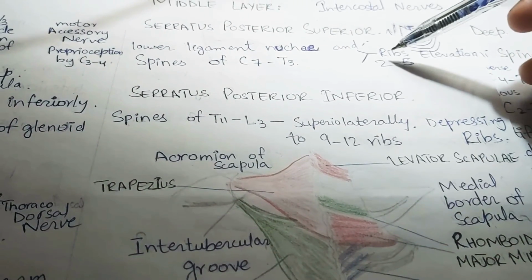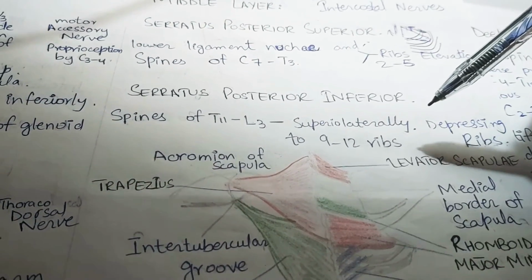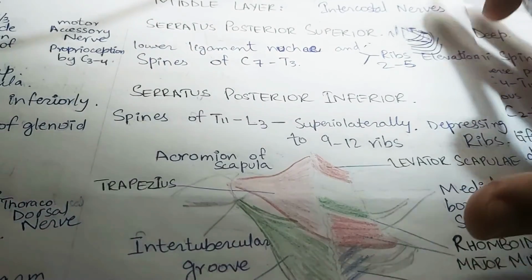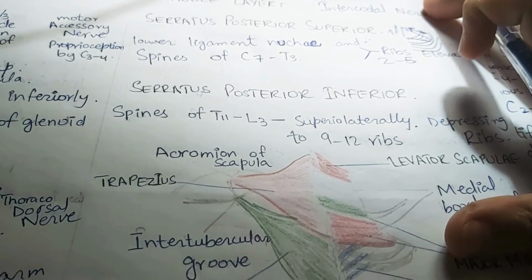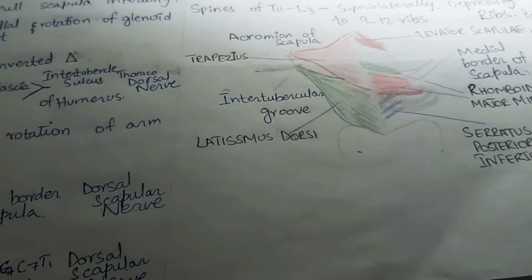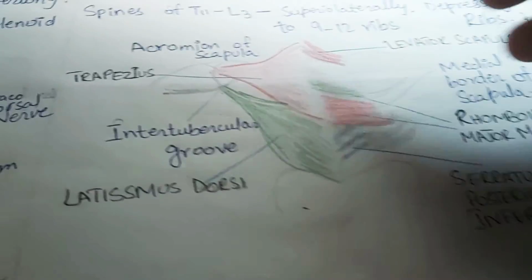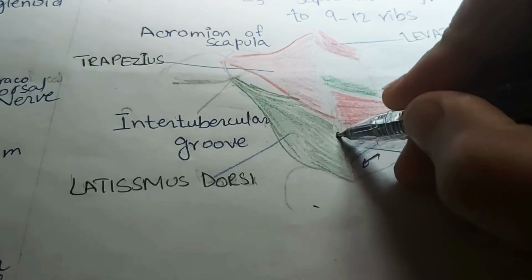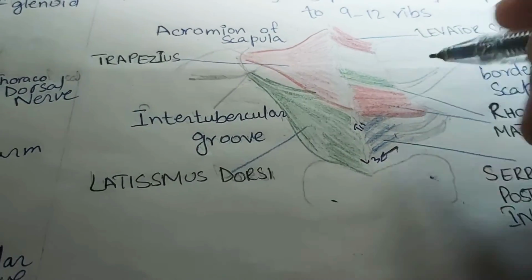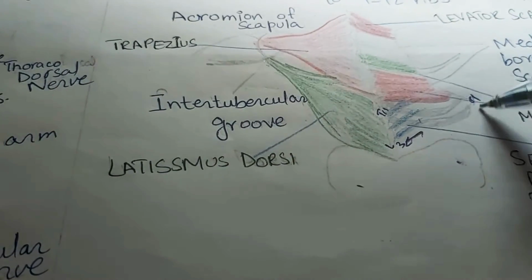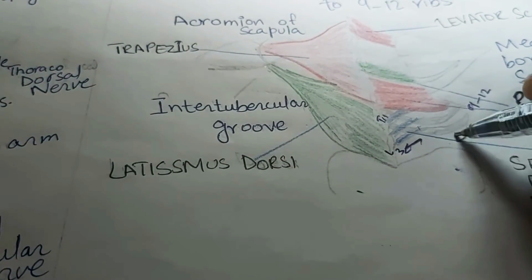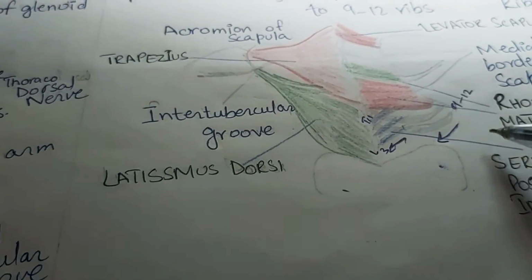One elevates the ribs and the other depresses them, but both are used in the movement of the thoracic cage. That is serratus posterior. Over here, if this is T11 and this is L3, and these are ribs 9 to 12, they are pulling the ribs downwards.